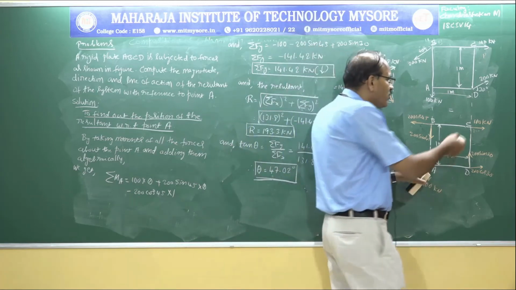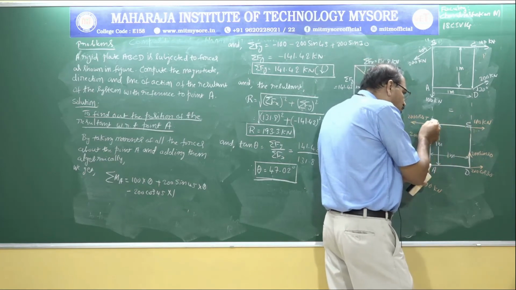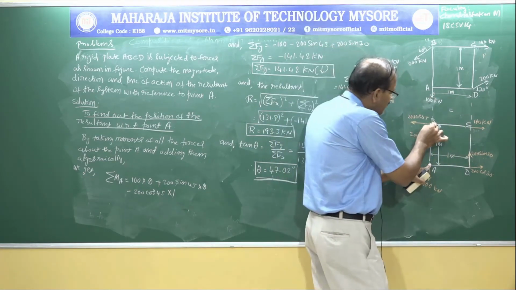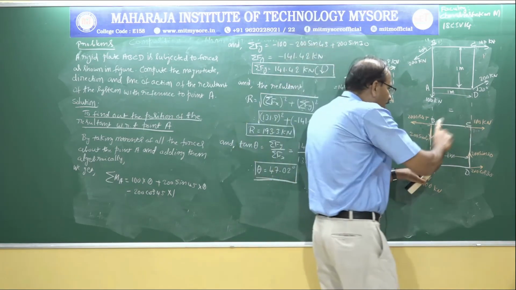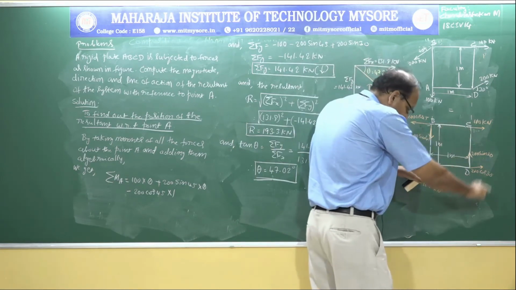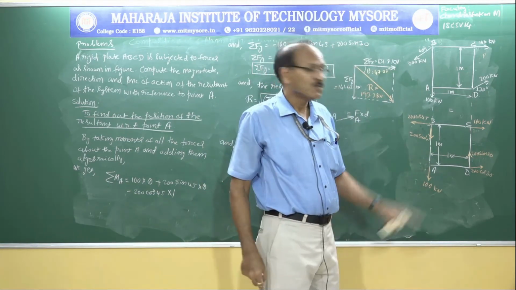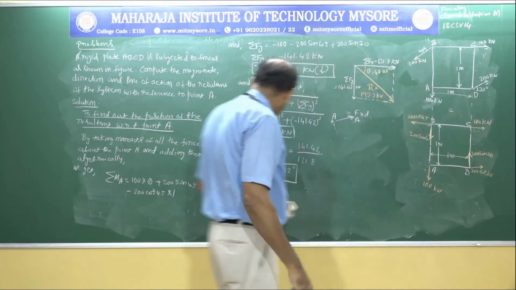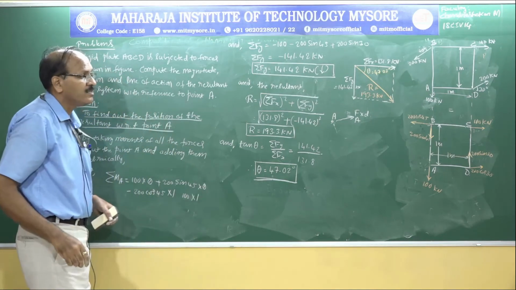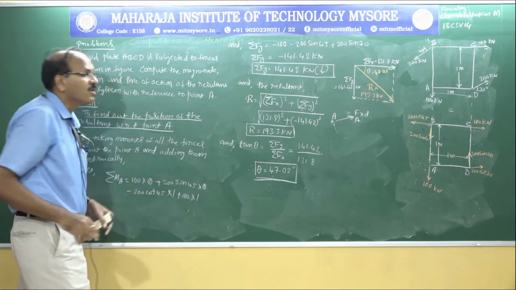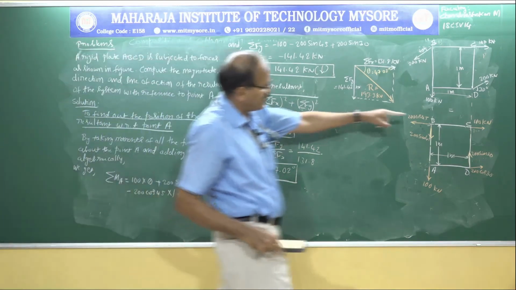For a moment, you can imagine that this arrow end has been shifted to this point. That can be done. So this 100 kilonewton is causing a clockwise moment about A. So 100 kilonewton multiplied by 1 meter perpendicular distance, plus sign because it is causing a clockwise moment. Okay, so this is covered.